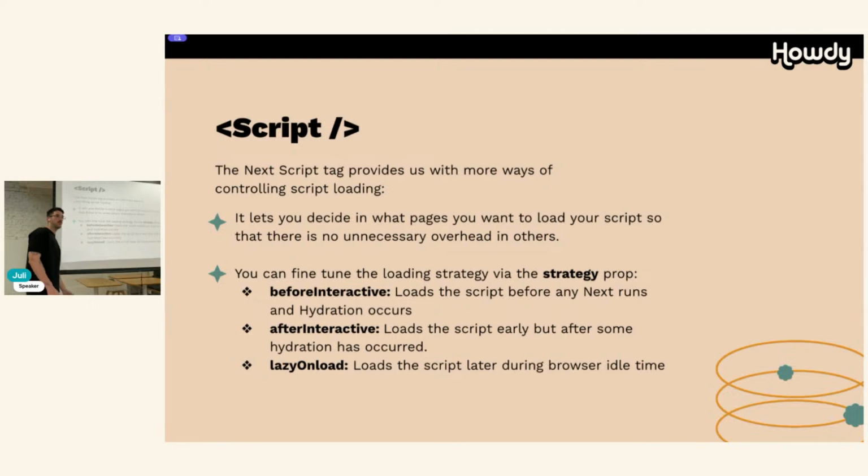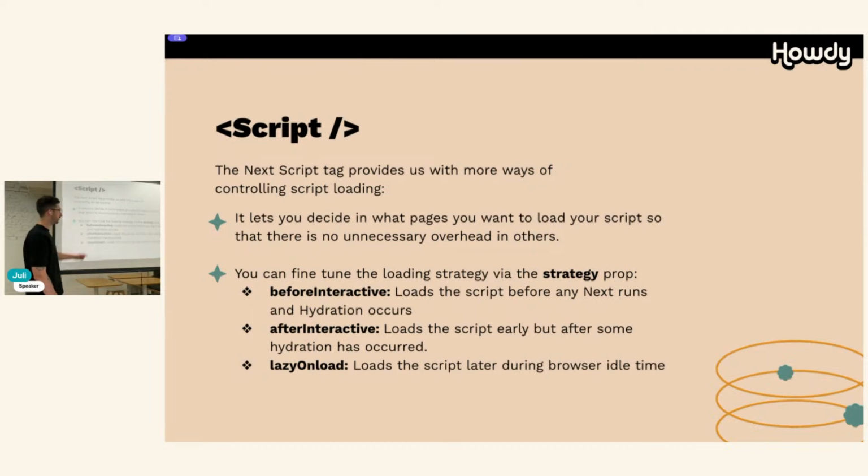After interactive, that means you can start hydrating the site. So HTML parsing is done, the DOM is already built. You're going to start attaching event handlers. That's after interactive. You're going to wait for part of the site to be interactive, and then you're going to load the script. And then lazy onload is basically wait for the browser to finish everything and then load the script.